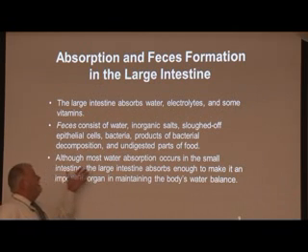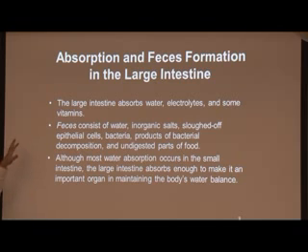So just as a summary, one of the key roles of our large intestine is to absorb water, to absorb electrolytes, and to absorb some vitamins, particularly the vitamins that the bacteria in our gut actually produce.